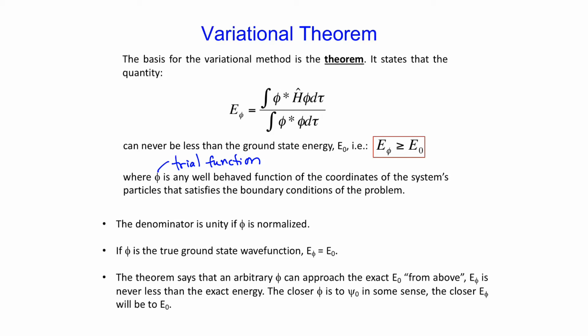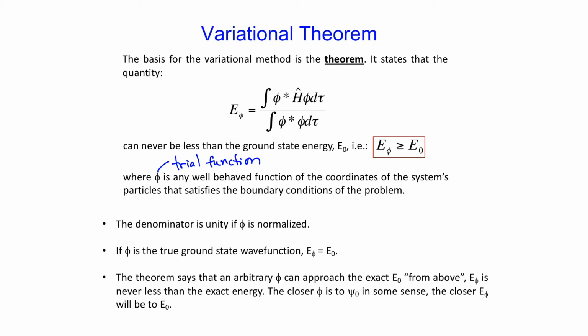And then your denominator is essentially your normalization condition for your trial function. So if phi is normalized, then that denominator is just going to go to 1. Your denominator is unity if phi is normalized.